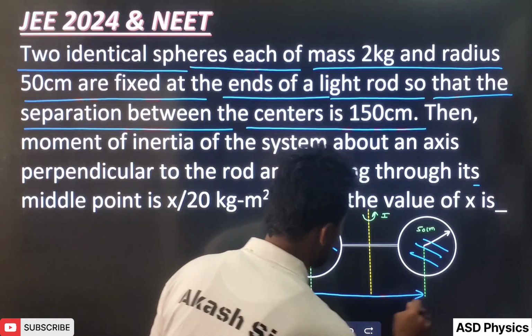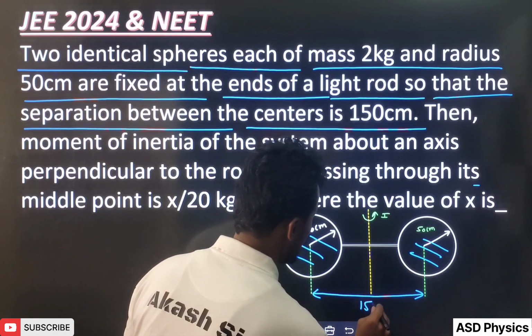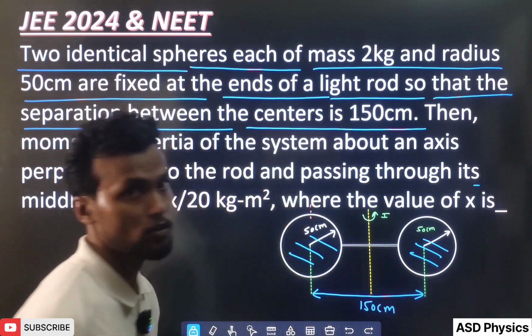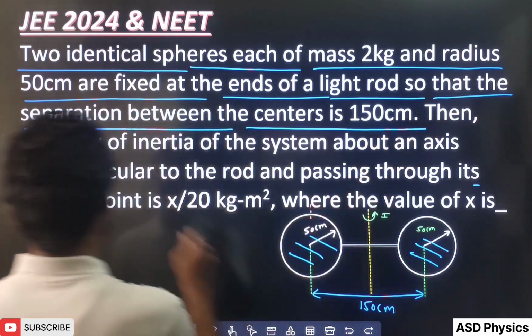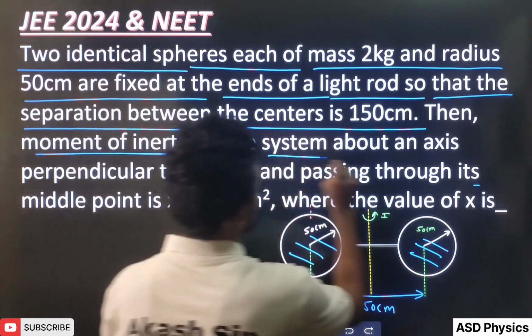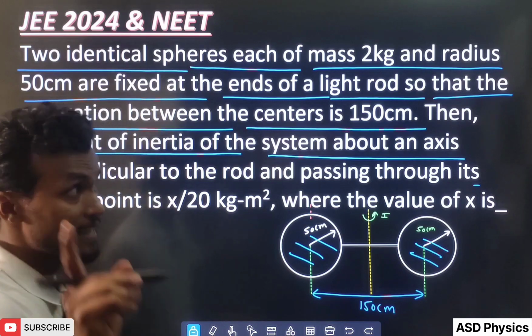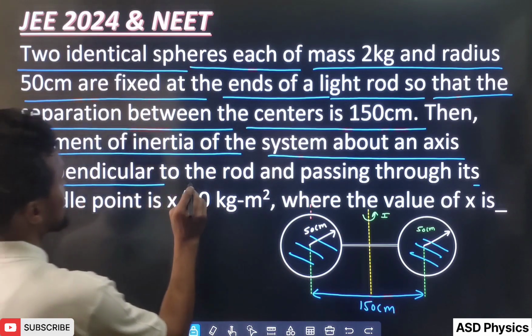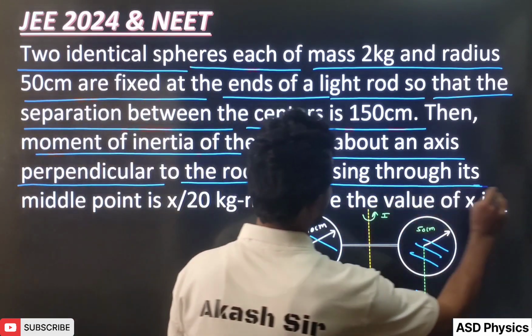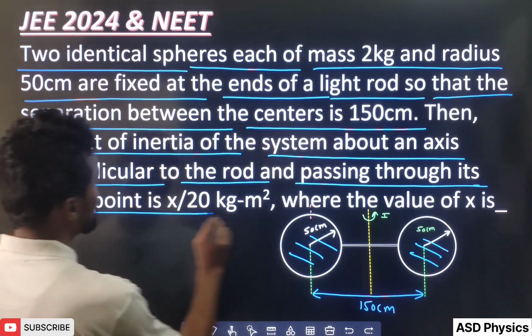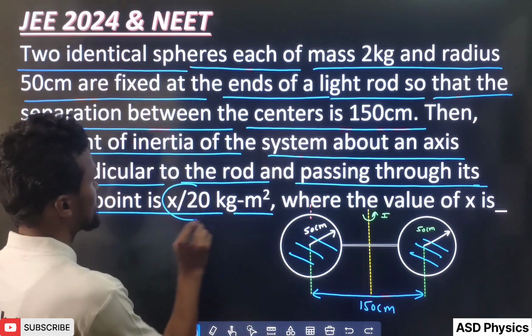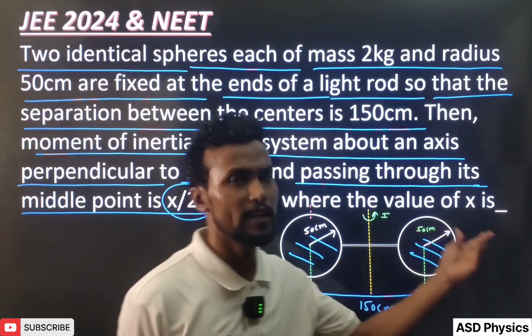The separation between their centers is 150 centimeter. Now the moment of inertia of the system about an axis perpendicular to the rod and passing through its middle point is given as x by 20. So in the question they are asking for the value of x.